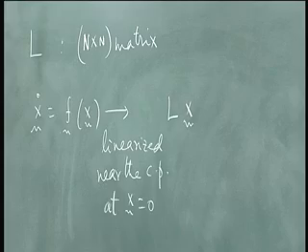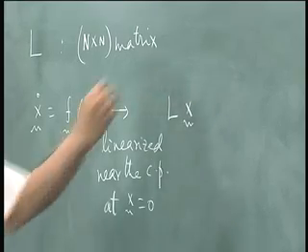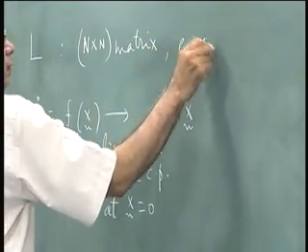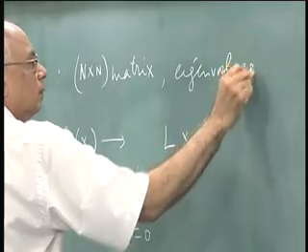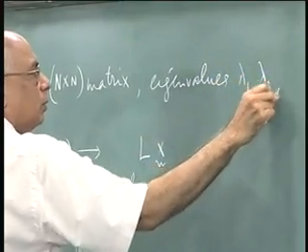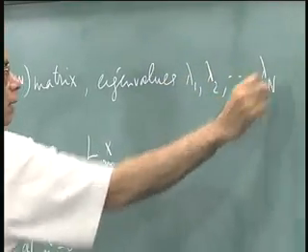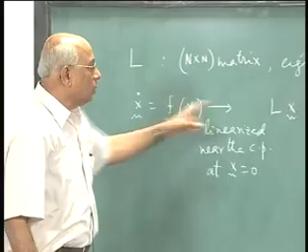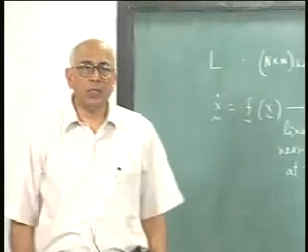And the question is, if L has eigenvalues lambda 1, lambda 2 up to lambda n, then the solution to this equation is generally that each component of x is going to be a linear combination of e to the power lambda i t, where i runs from 1 to n.